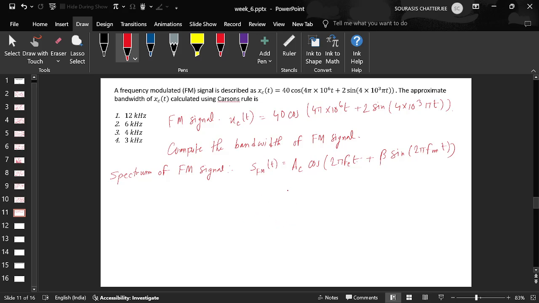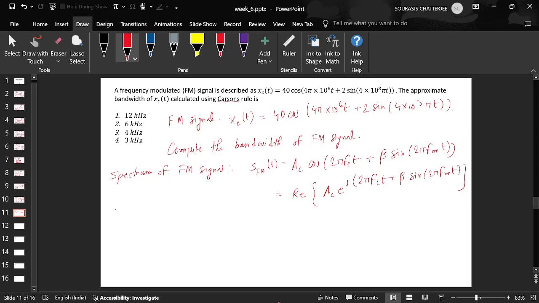So now I would like to express it in this form: basically, the real part of Ac times e to the power j(2 pi fc t plus beta sin 2 pi fm t). And what is the reason for writing it like this?